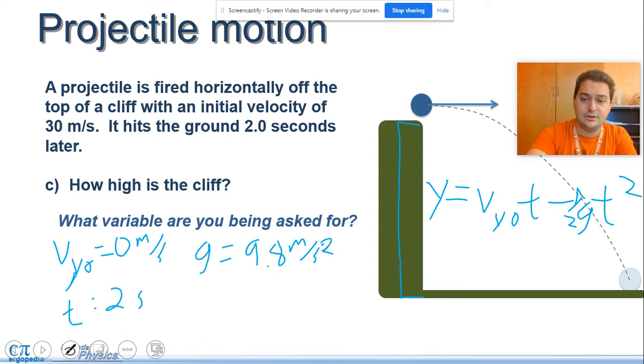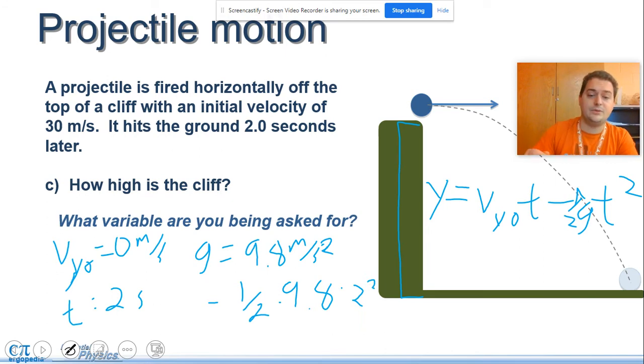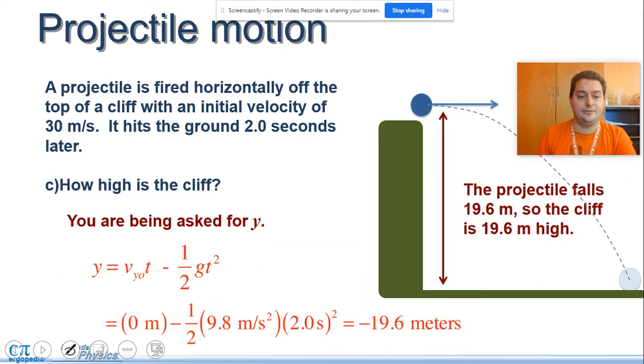We plug it in. You get 0 times t. What's 0 times 2? 0. So really you're just left with negative 1/2 times 9.8 times 2 squared. 2 squared is 4. 4 times 1/2 times 9.8. Negative 19.6 meters. But think about it. We're asking for the height. How high something is. Do you ever say it's negative? No, you don't. So we leave it positive. 19.6 meters high.